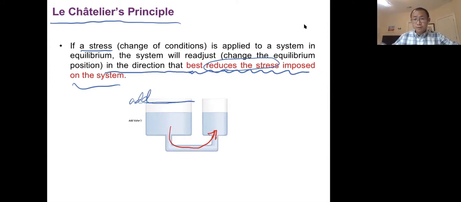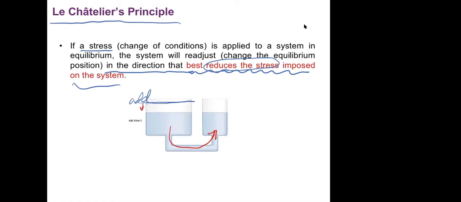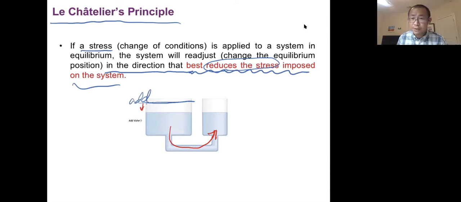It moves to the right. But why do we call this reduce the stress? Think about it. When water moves to the right, the water on the left will what? If I add this much, the water will actually drop. Is that right? Did it reduce the stress? Yes, it did. I add this much, and water goes to the right, so the water decreases. But in the end, when the system goes flat again, the water level will be like this.